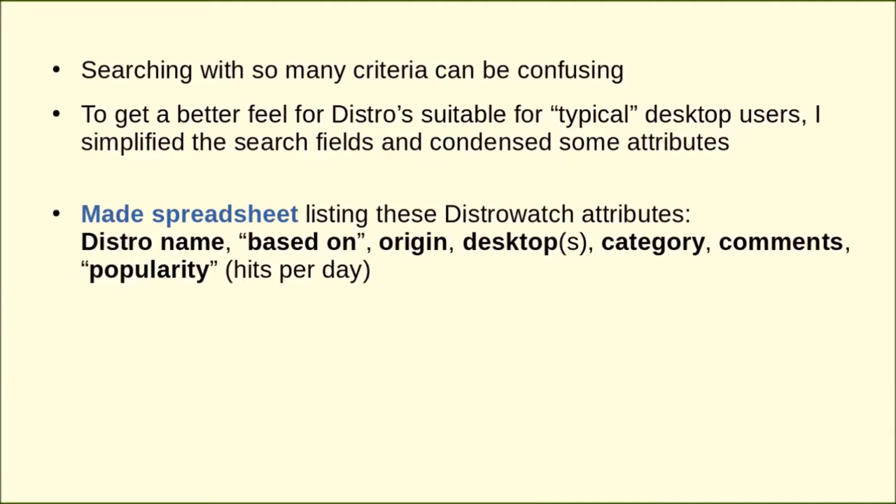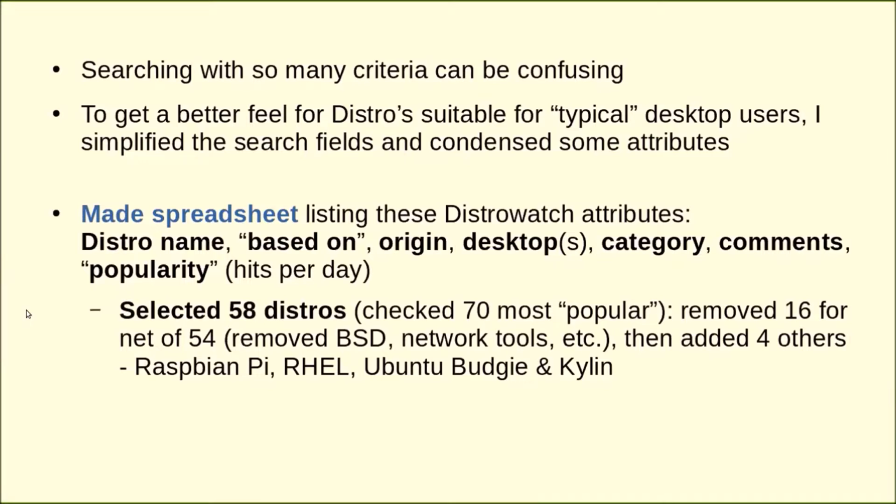And I only took a few of the categories: distro name, what it's based on, origin, desktops, category, popularity. And I took that first quartile, the first 70 most popular, quote unquote, and I took out about 16 that didn't fit. Then I looked down the list a little further and I said, well, here's 4 others I think I ought to include. That gave me 58 out of the 900 that have ever been.